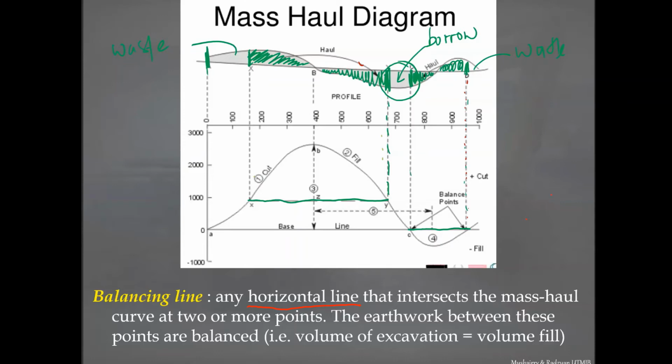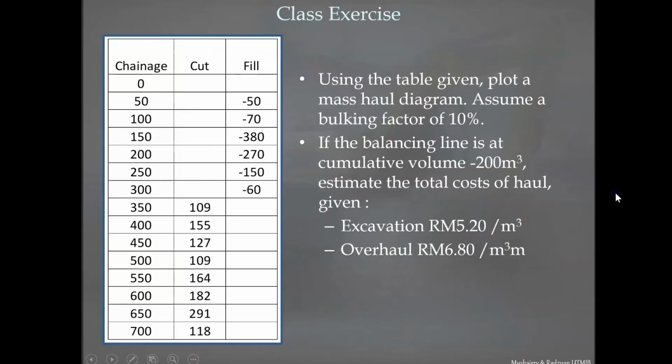You cannot use the soil that you excavated, so you dump it somewhere as waste, then you have to borrow in order to come up with the proposed level of your field area. Okay, so that's terminology I think you should know before we can proceed with the analysis of the diagram itself.